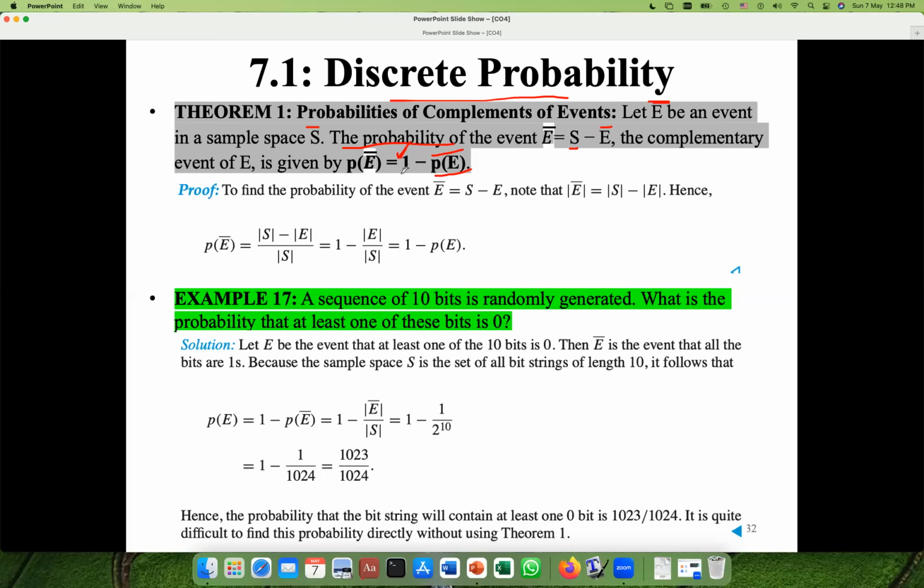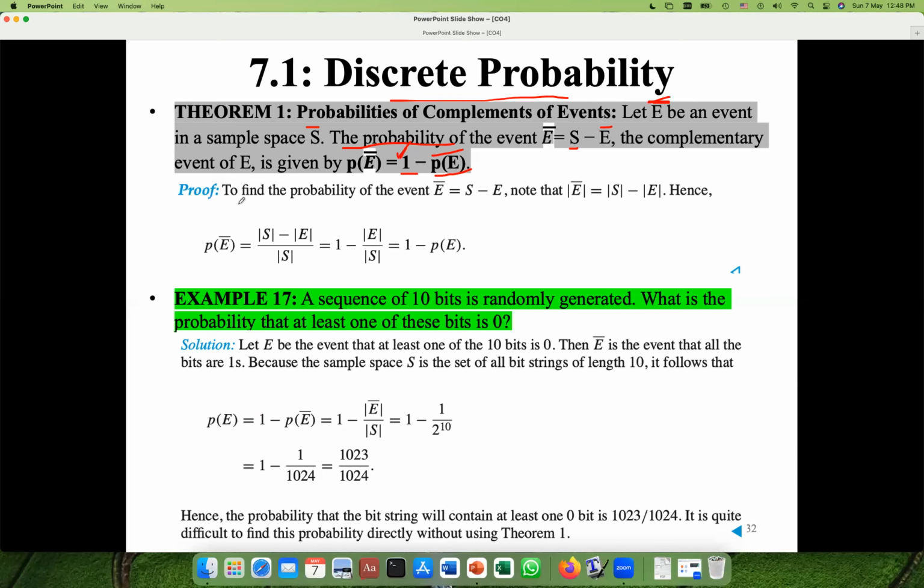Anyhow, 1 is the maximum total probability that can be possible. You can consider it as a space. And from that space, you have to subtract the probability of the normal event, not the complement. Then what you are left with will be the probability of the complement, the opposite.